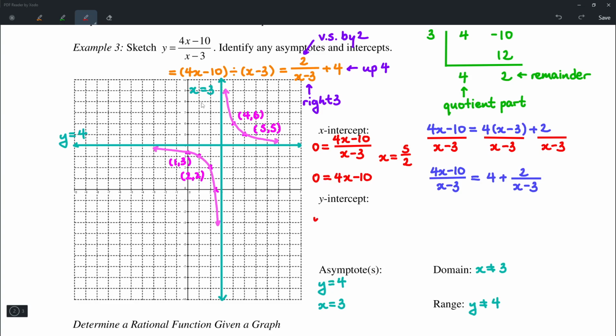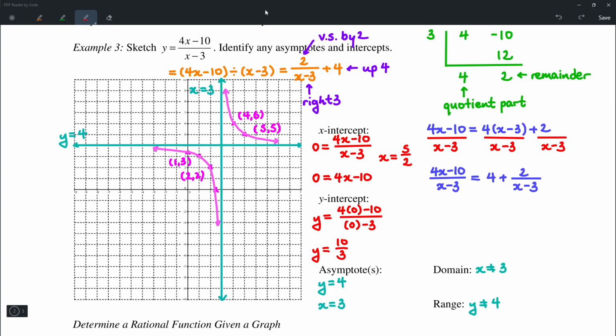Likewise, we can find the y-intercept by letting x equal 0. So we have 4 times 0 minus 10 divided by 0 minus 3. And so the y-intercept would be just 10 over 3.